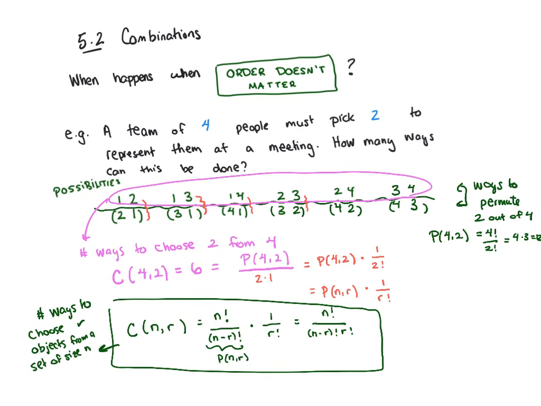This is also written as n choose r. So the n is written on top of the r, but it's not a fraction. There's no line in the middle, and then you put it in parentheses. And both of those are pronounced n choose r.